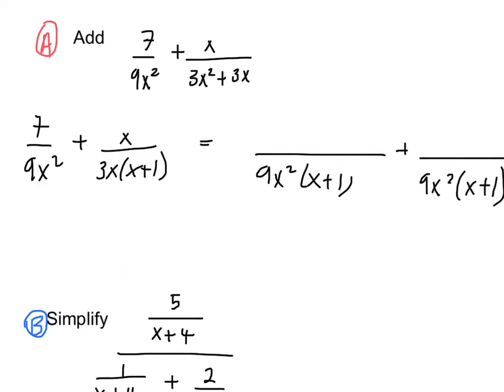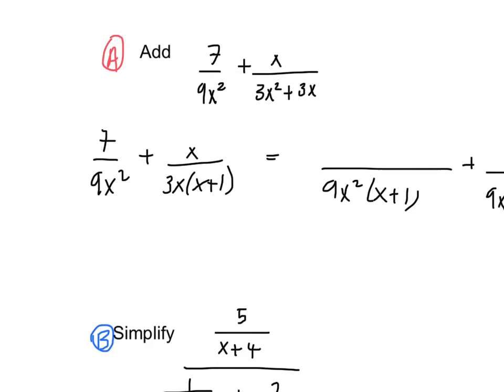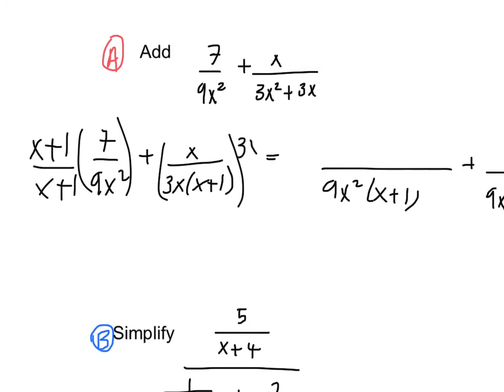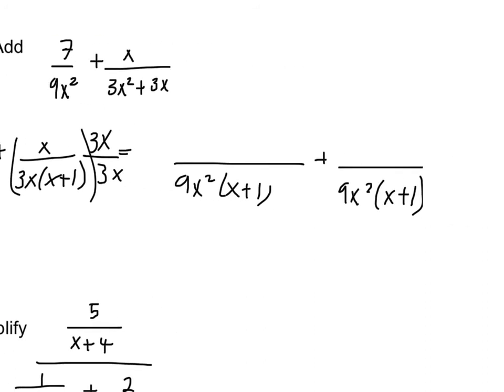So in order to get this denominator from both of our terms, we need to multiply our 7 over 9x squared by x plus 1. And we need to multiply our second term by 3x. So when we're going to our next step, we have 7x plus 7 and 3x squared.